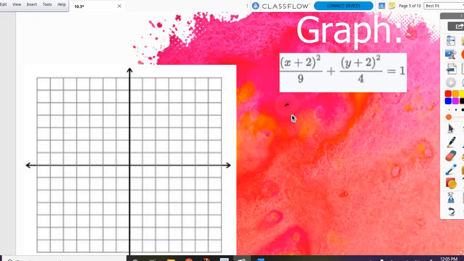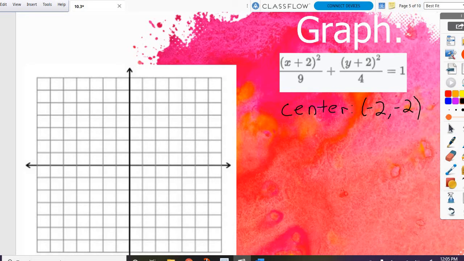So I'll probably start by labeling a couple of things. Where is the center of our ellipse going to be? -2. -2. Because remember that our standard form equation has a subtraction sign, which means that we always have to flip the sign.